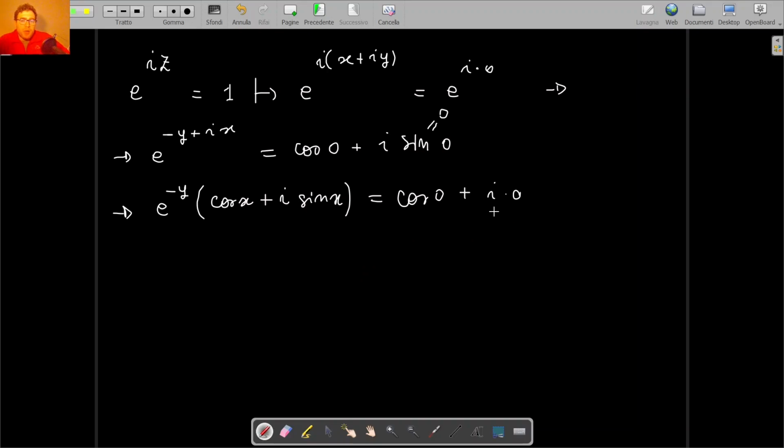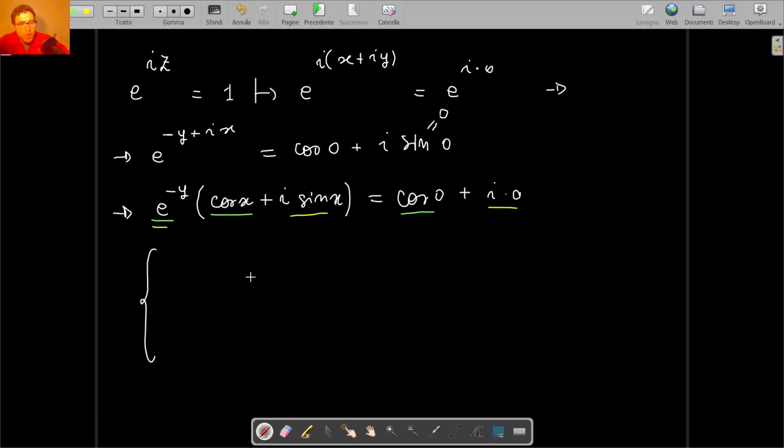I'm writing down everything explicitly in order to make this exercise as simple and as intelligible as possible, and then we have again to equate the real part with the real part, and the imaginary part with the imaginary part of the other side.